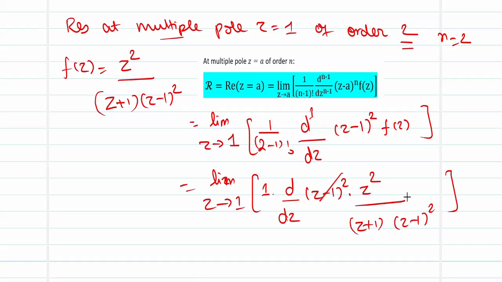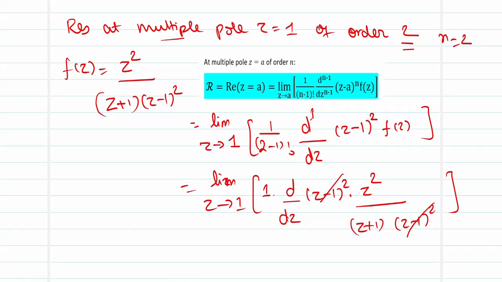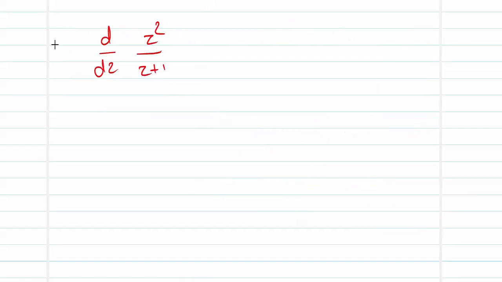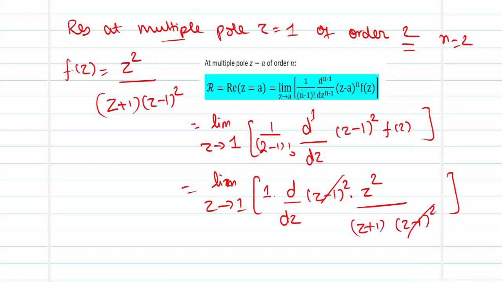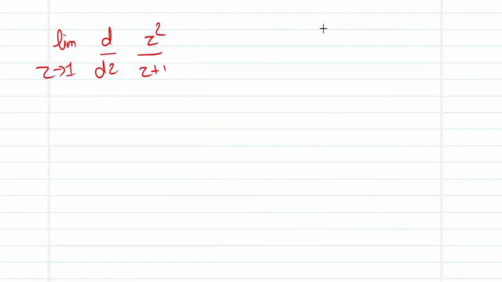We see that automatically the poles get cancelled off over here, leaving just the function z square by z plus 1 to be differentiable. So we will have to differentiate the function z square by z plus 1 and then allow limit z tending to the value 1. So first we will go on with the derivative.